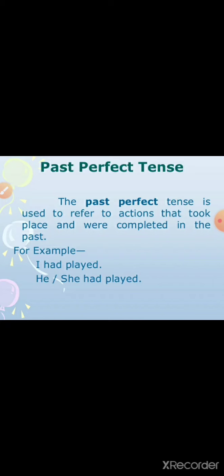I had played, she had played, the teacher had taught the students before the newcomer student arrived, or the train had left before we reached the station. So, subject plus had plus third form of verb. My friends had slept when I arrived. Sleep, slept, slept, sleeping.